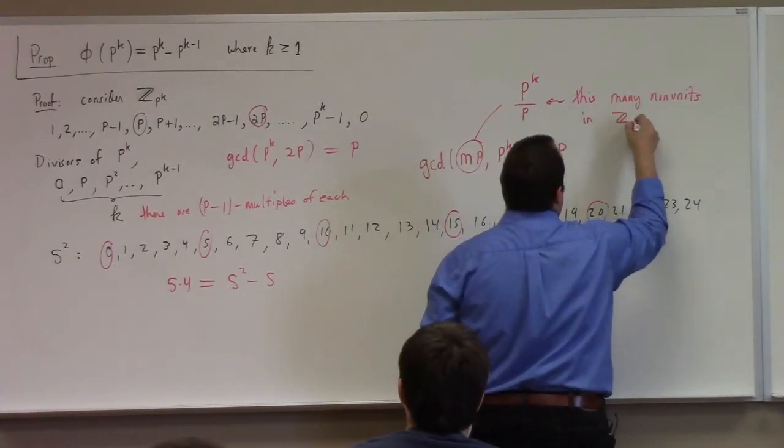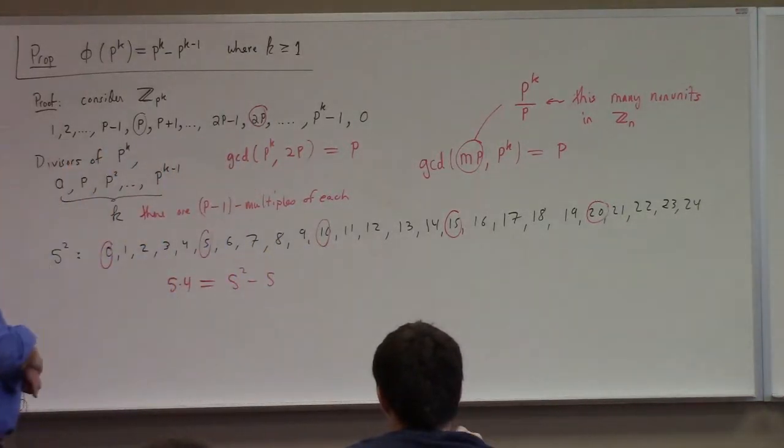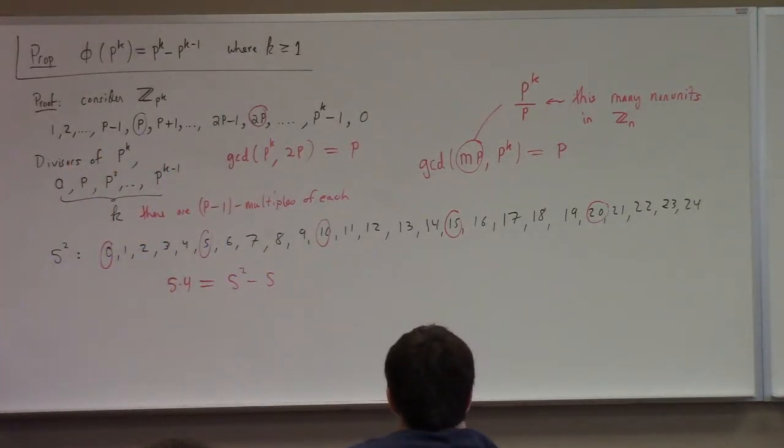Yes. I mean, that's what the proposition says. But it's just convincing ourselves of that, because everything is a multiple of p. Like mp is less than p to the k, right?